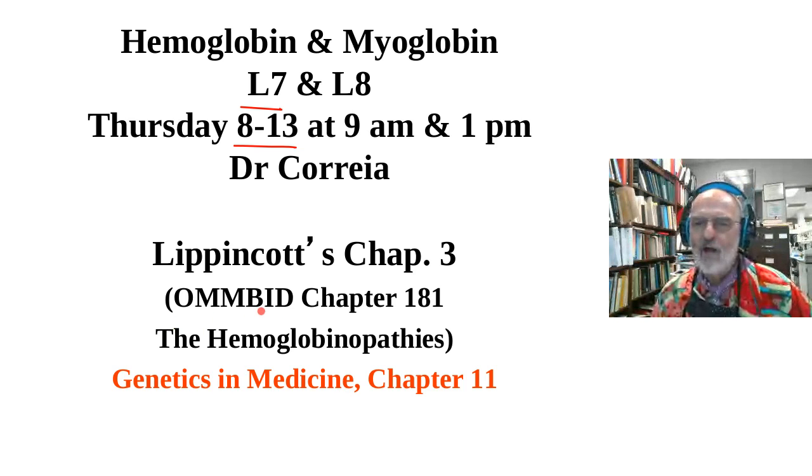I also refer to this chapter in this book, Molecular and Metabolic Basis of Inherited Diseases. There are hundreds of chapters in that book. It's actually available online in the library. So if you ever want to read about some of these topics from a metabolic and molecular basis, you can do that there. Okay.